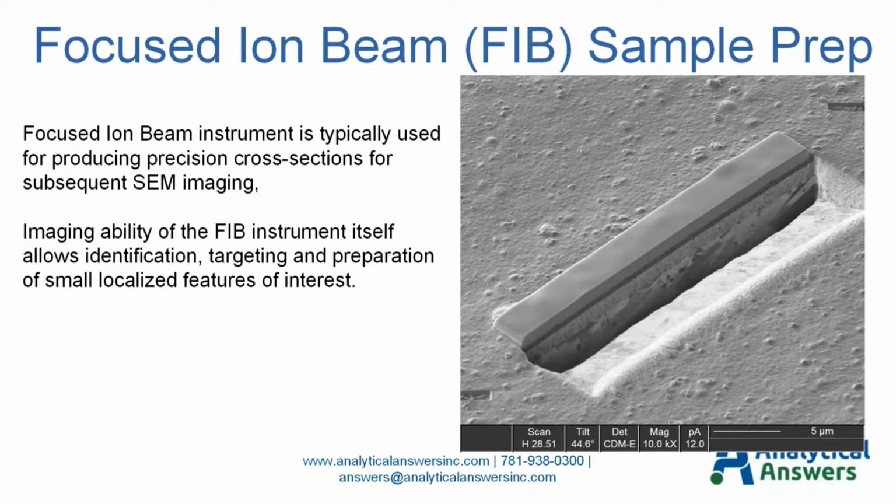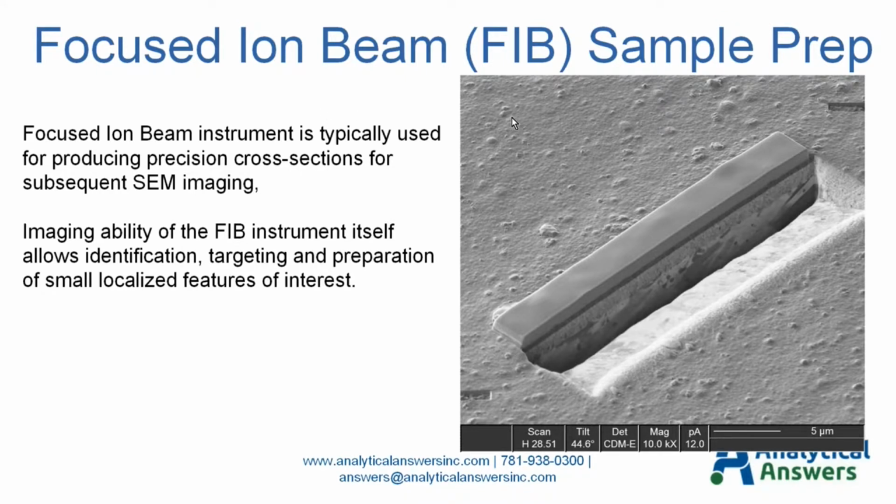And how do we do that? Well, here we use a focused ion beam sample prep method, or FIB. A focused ion beam instrument is completely analogous to a SEM, but rather than using an electron beam as our image generation beam, we use an energetic ion beam, in this case a gallium ion beam.